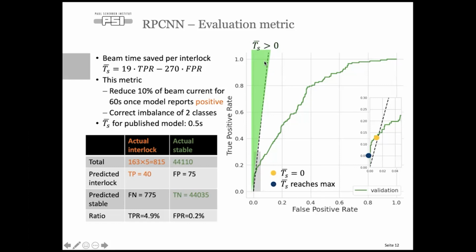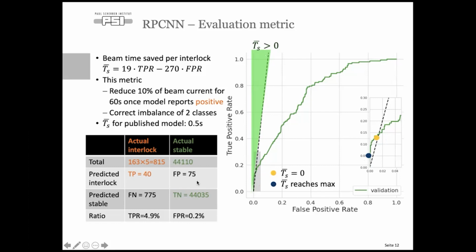To the left of this dashed line, we only have beam time saved larger than 0, so we can only choose points inside this triangular region. If we zoom in here, we can see that this yellow dot means TS equals 0, and the blue dot means TS reaches its maximum. A dot here means that we have a very low false positive rate, but also a very low true positive rate.